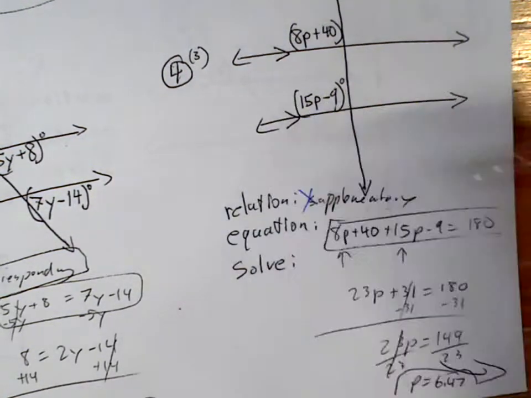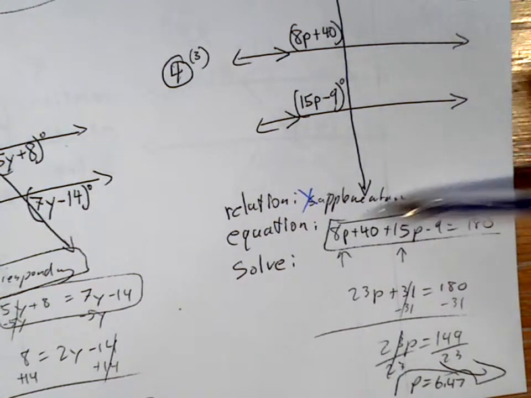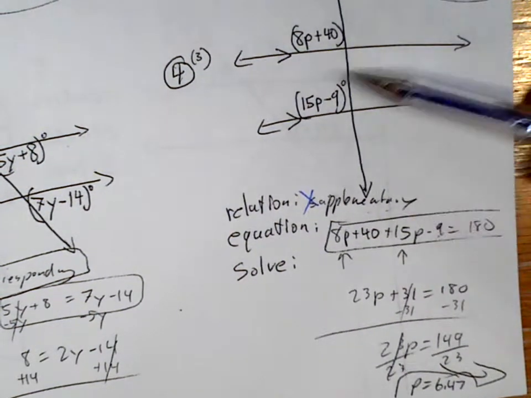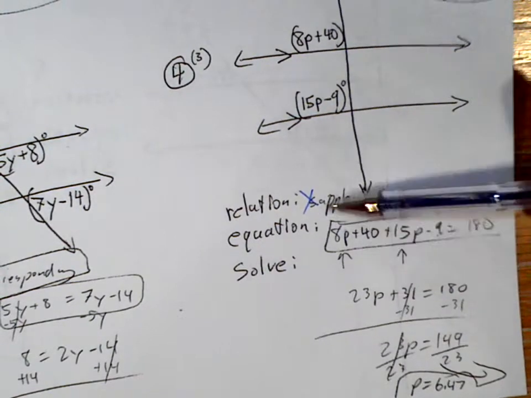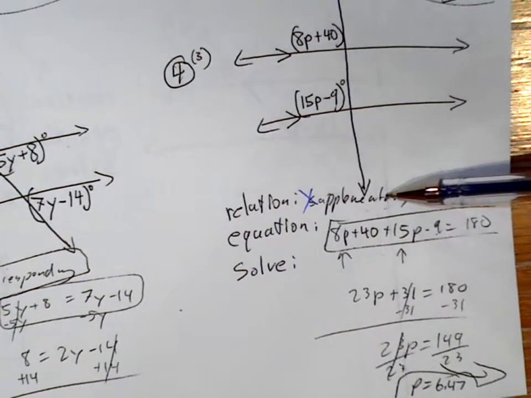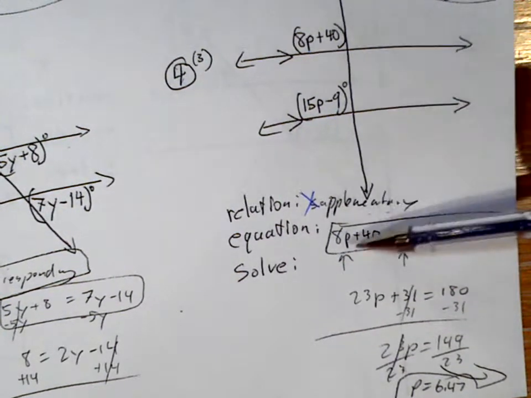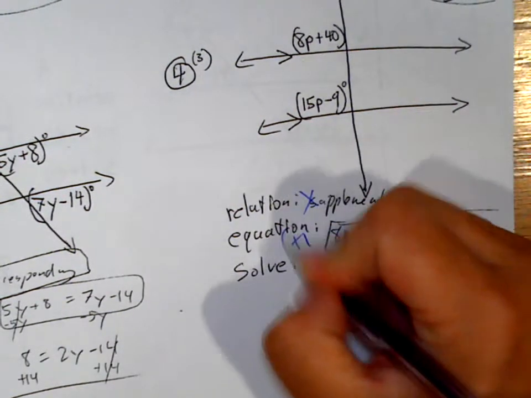So that one's wrong automatically, okay? However, this part right here, he set up correctly if it was supplementary. So he doesn't get docked for setting up this equation wrong based on his wrong answer here. He set them up and set them equal to 180. For writing the equation, we would still give him 1 point.